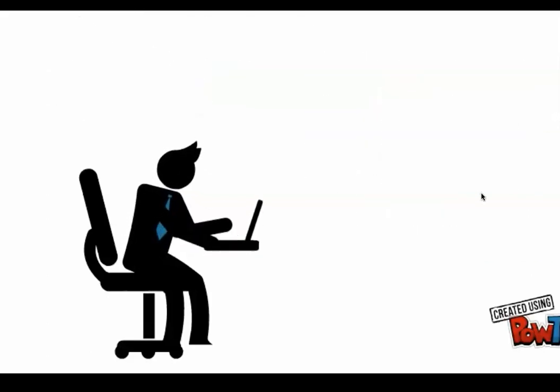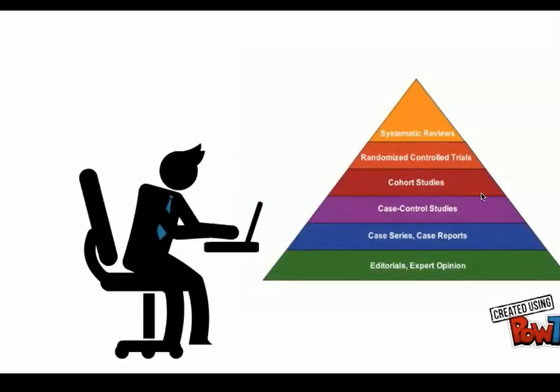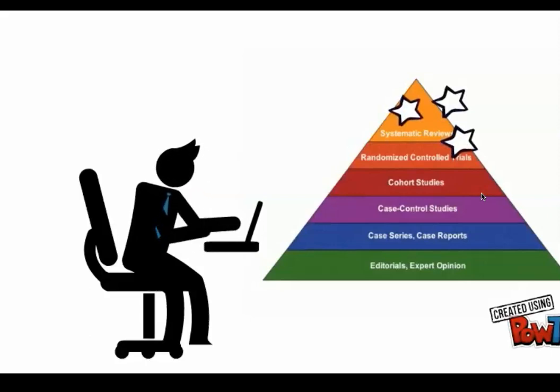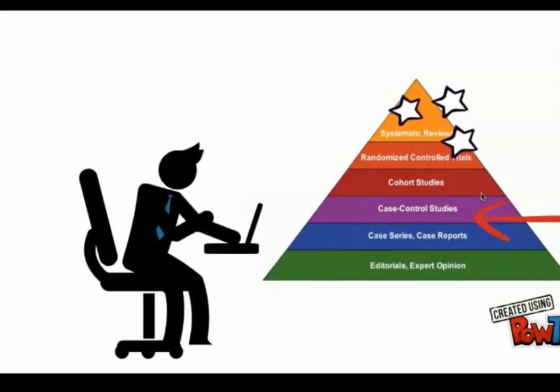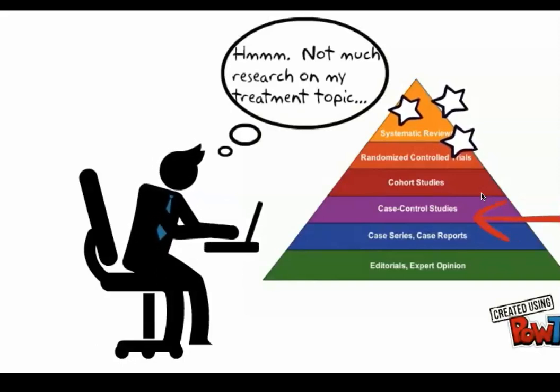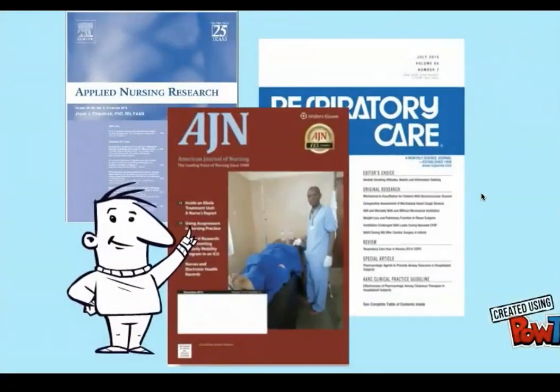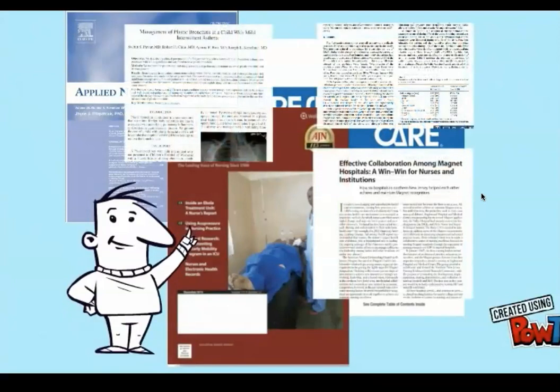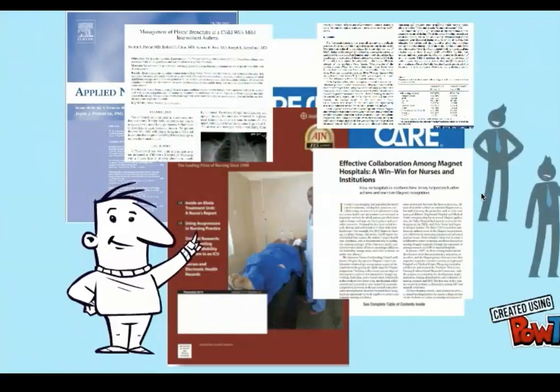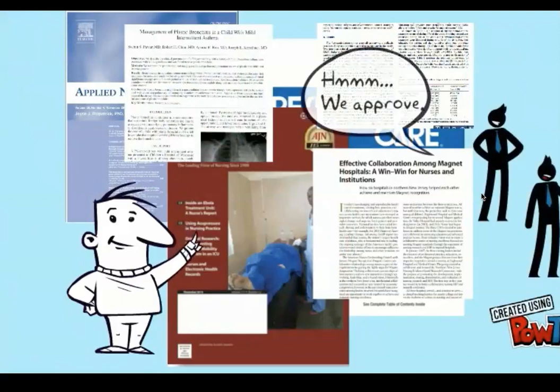Ideally, you want to find research that fits into categories at the top, but depending on your topic, the only research available may be case studies, or in some cases, available information may not even be professionally published. Let's start by talking about scholarly, or also called academic journals. These journals contain peer-reviewed articles, which means healthcare experts carefully read and critiqued the research prior to publication.